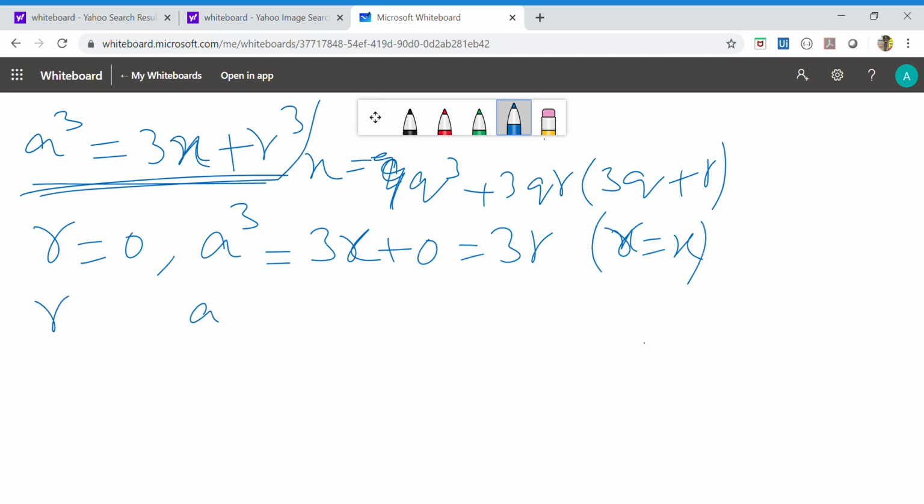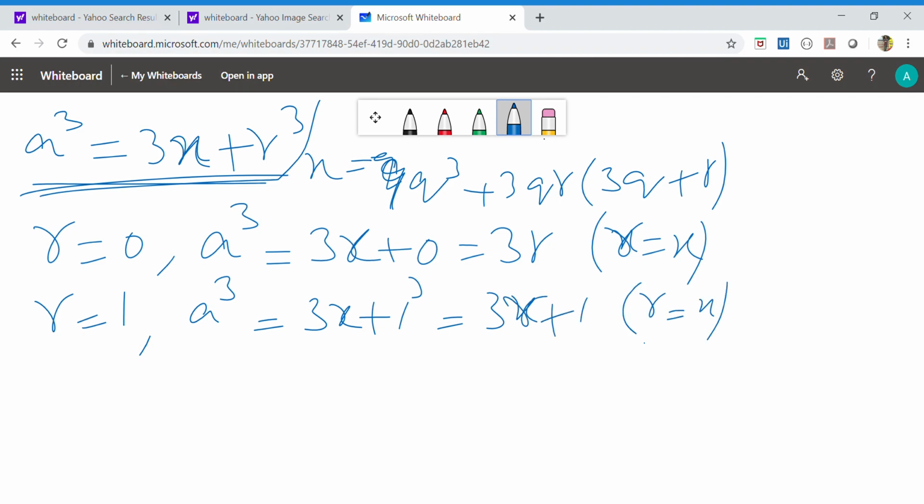If r is 1, then a cube is 3x plus 1 cube, which is 3x plus 1 again of the form 3r plus 1, where r is x. If r is 2, then a cube is 3x plus 2 cube, that is 3x plus 8.